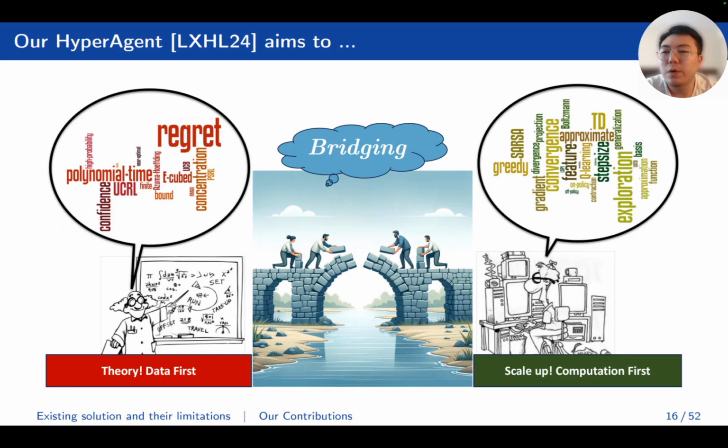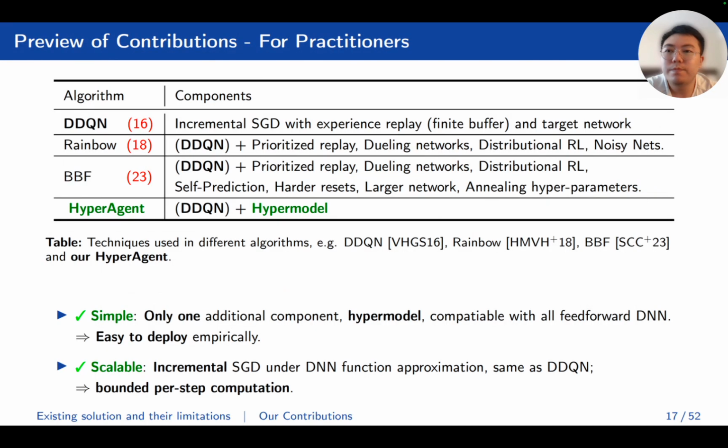Then we propose the HyperAgent algorithm. The HyperAgent algorithm needs only one additional component, a hypermodel, added to double DQN, and the hypermodel, as I'll mention later, is compatible with almost every feed-forward DQN, deep neural nets. So it can be easily deployed, and it inherits DQN's scalability.